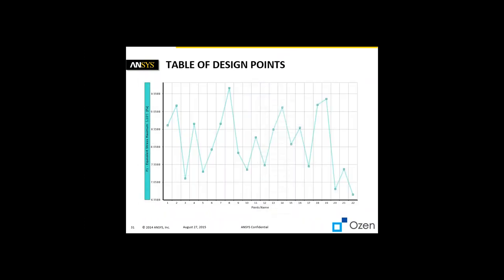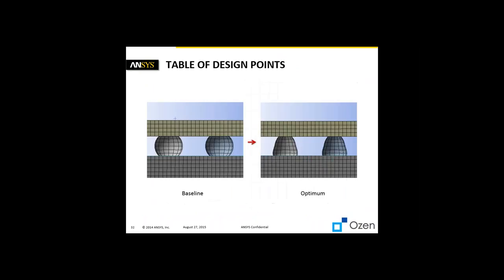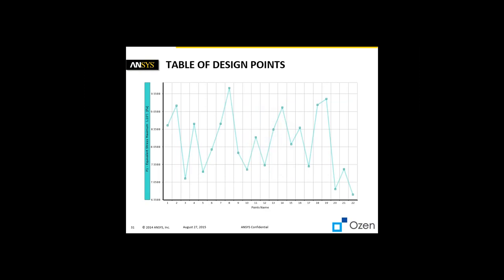And you can do this in ANSYS Mechanical, and then we start out with the baseline. This is our baseline, and then it turns out after doing like 15 iterations, this is the optimum geometry for these solder joints, meaning that the stress will go down from here to here.